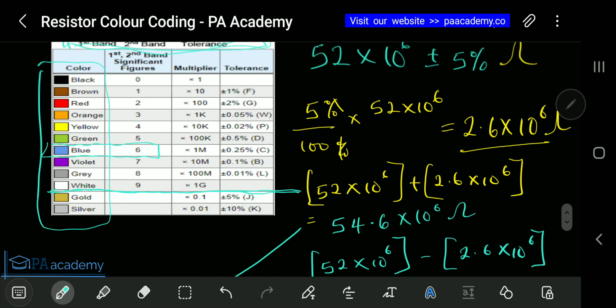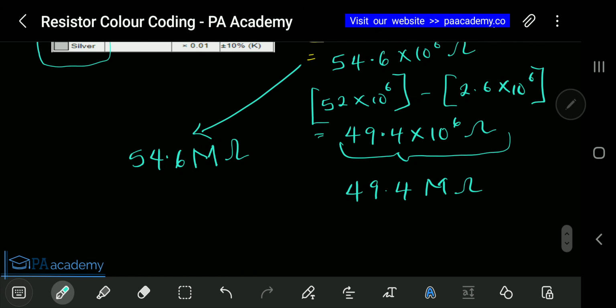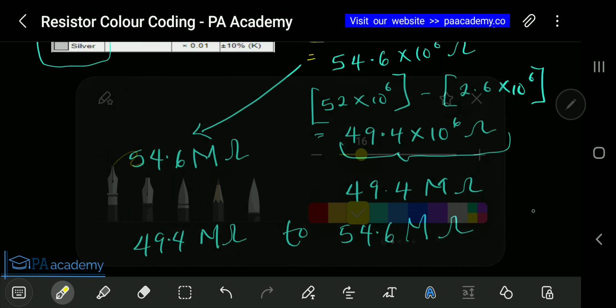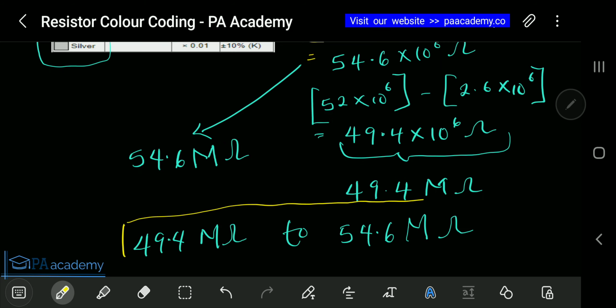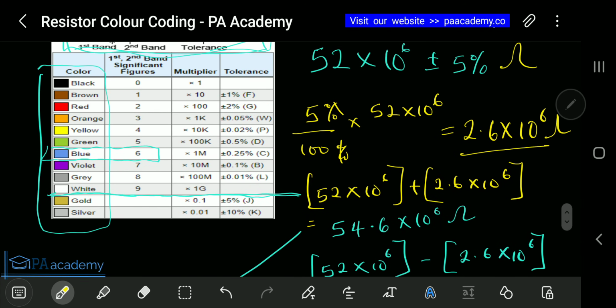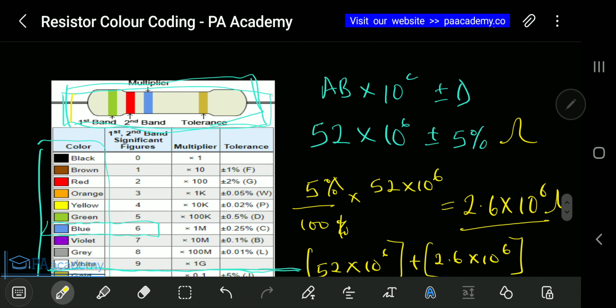So now what's the meaning of this? That means the value of this particular resistor ranges from 49.4 mega ohms to 54.6 mega ohms. Now the interpretation of this is that if you need a resistor within this value, exactly, you can simply use this resistor with this color band.